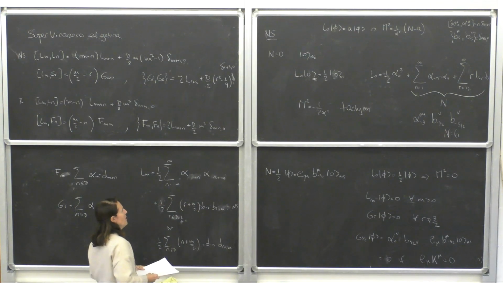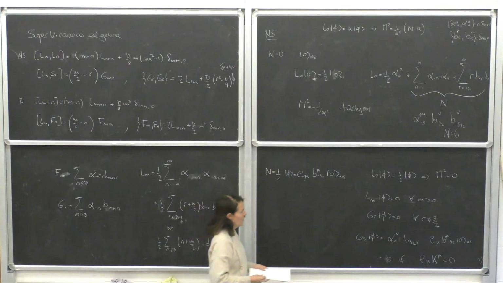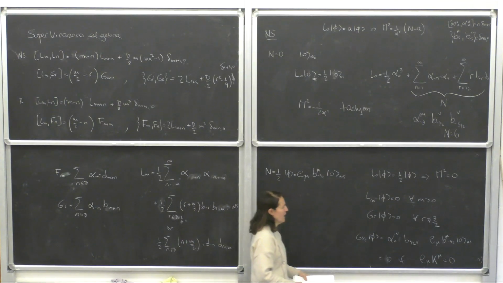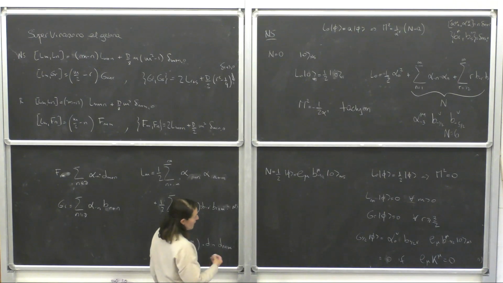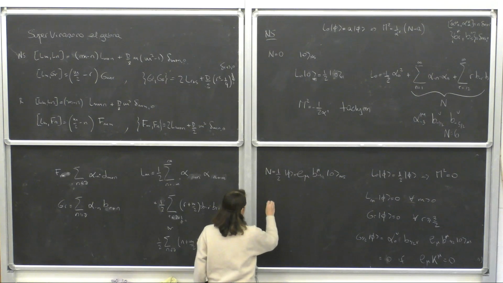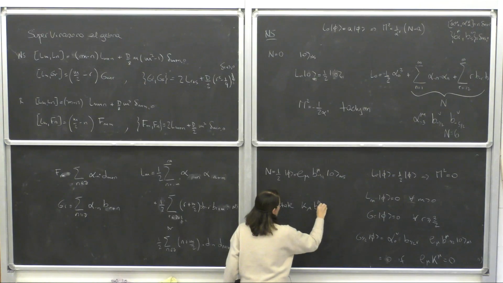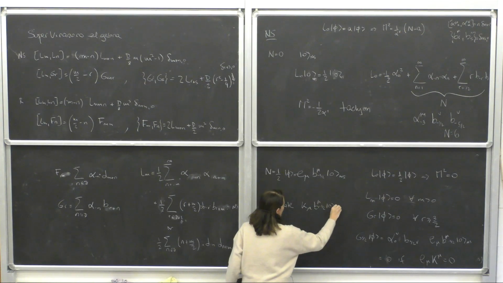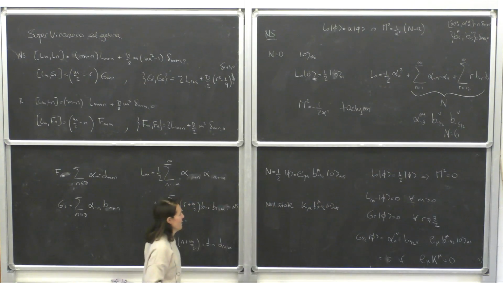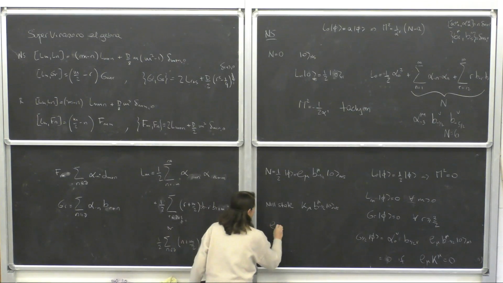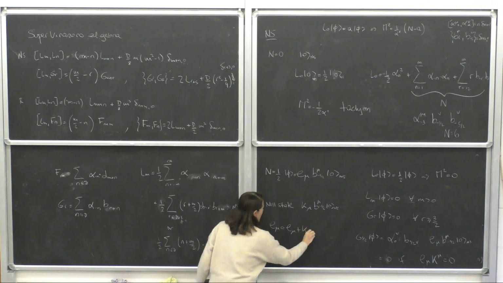So this is a massless vector. Polarization has to be orthogonal to k. There are null states. So k_mu b^mu_{-1/2}|0, k> is a null state. So E_mu is E_mu plus k_mu.